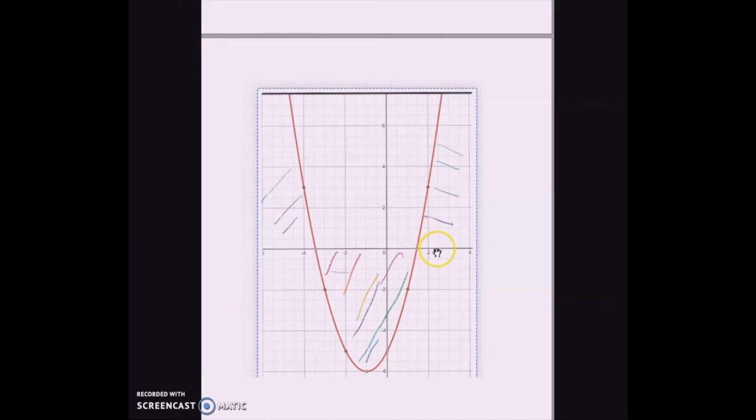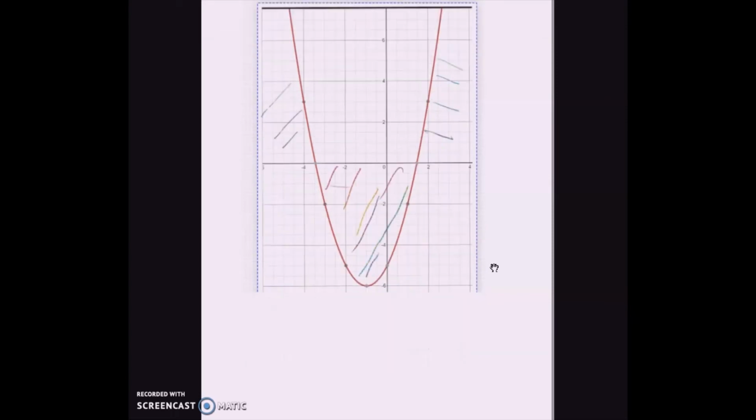Look at x equal to 2 here, you have a positive y value. X equal to 3, a positive y value here. X equal to 4, a positive y value. So you can actually see from the graph that positive y values occur beyond x equal to 1.5, and when x is less than negative 3.5.